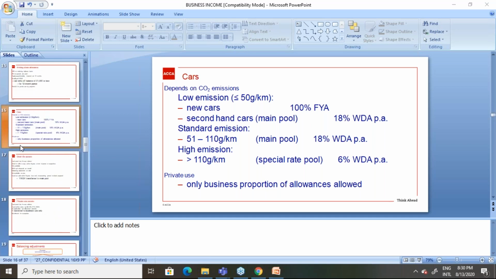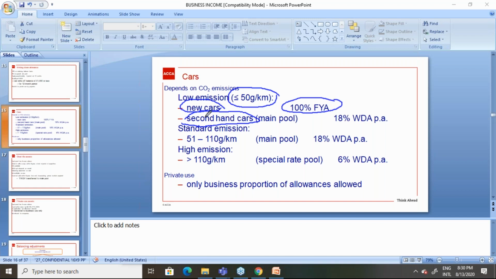So what is the low emission motor car? Low emission motor car, that is a situation where the carbon dioxide emission is equal or less than 50 grams per kilometer. If it is a low emission car, then you need to check whether it's a new car or second-hand car. If it is a new low emission car, you can claim first year allowance 100%.